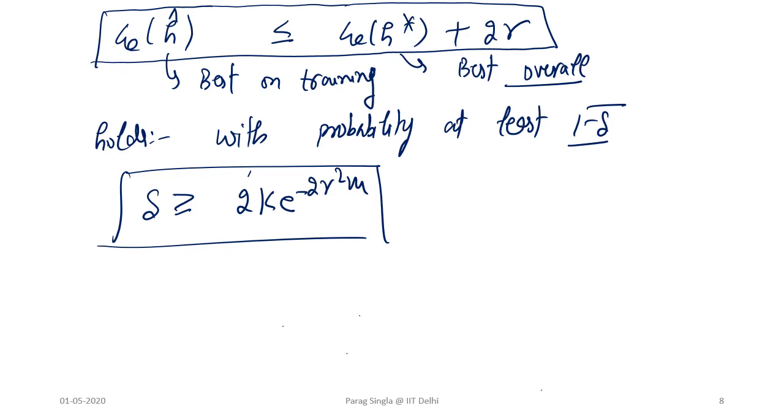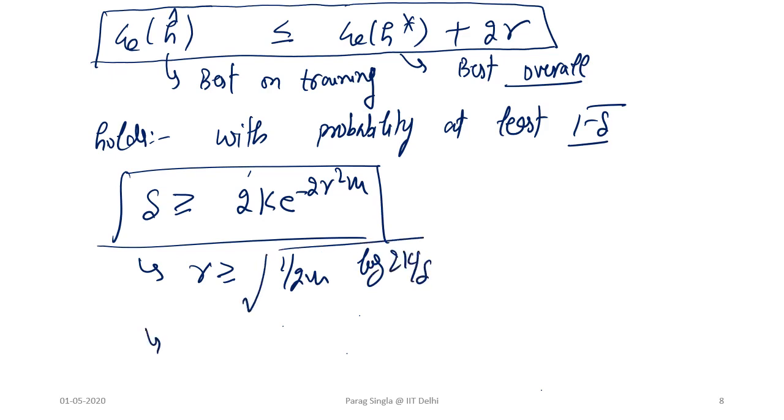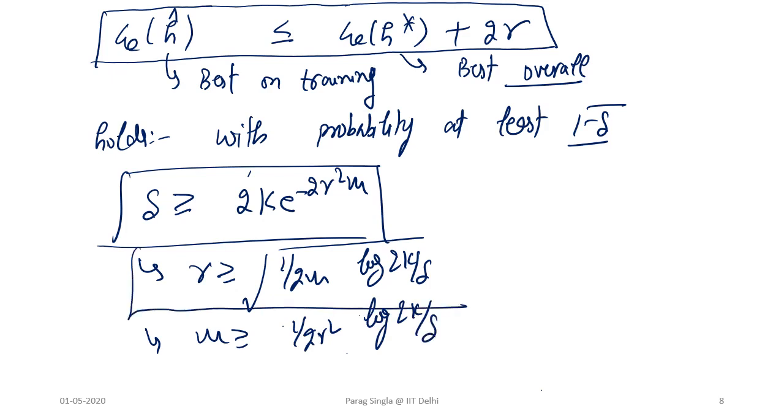This could also be expressed in terms of gamma, which is greater than or equal to the square root of 1 by 2m log 2k by delta, or in terms of m, m greater than or equal to 1 by 2 gamma squared log 2k by delta. These are just different ways of expressing these dependencies in terms of delta, gamma, or m.